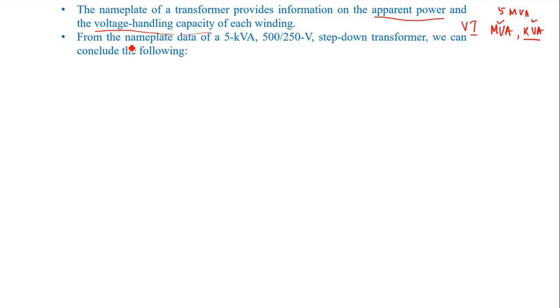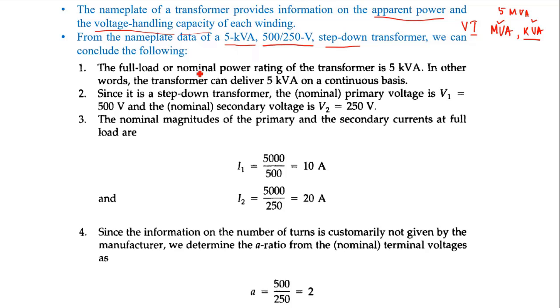Okay. So now from the nameplate data, suppose we have a transformer with a 5 kVA apparent power rating, and the voltage rating is given as 500 to 250 volt, and it is obviously a step down transformer. Then what we conclude from this is that the full load nominal power rating of the transformer is 5 kVA, right?